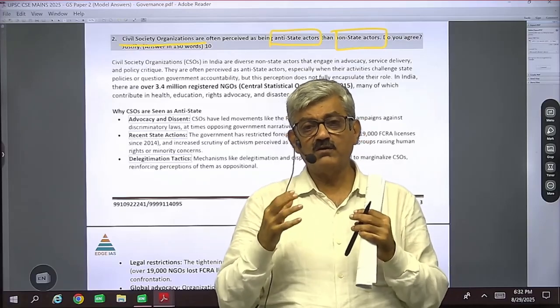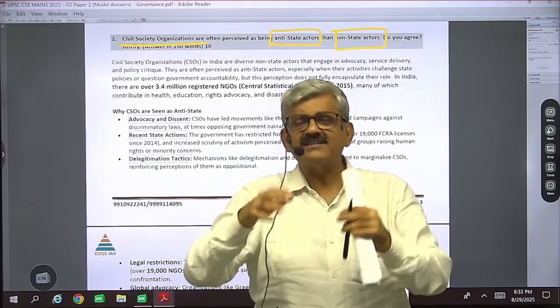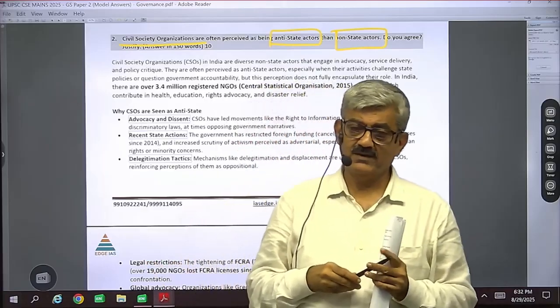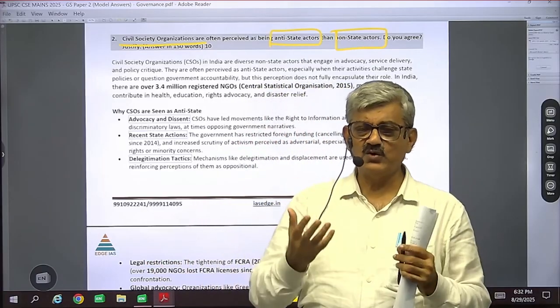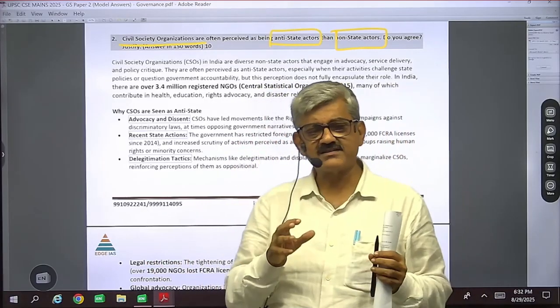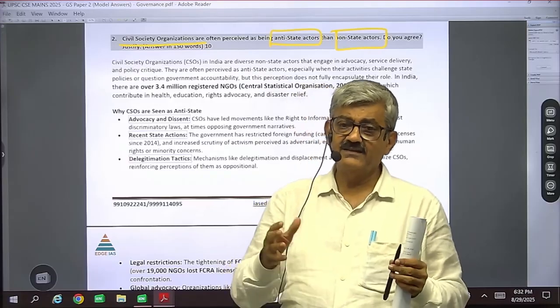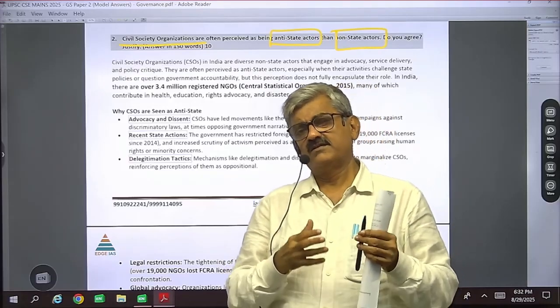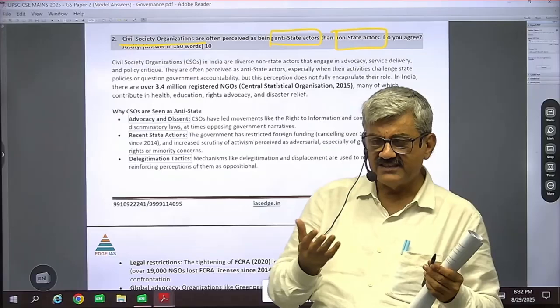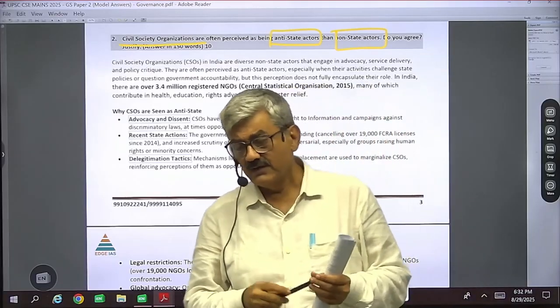With governance emphasizing non-state, other than state actors, the role of NGOs and civil society organizations has come to stay in the post-1980s, 90s situation.